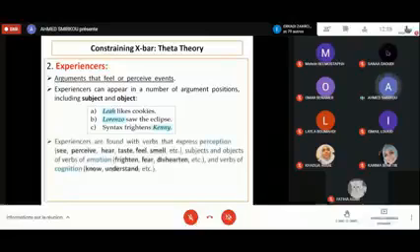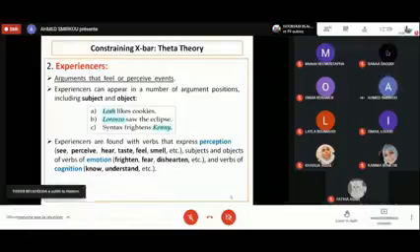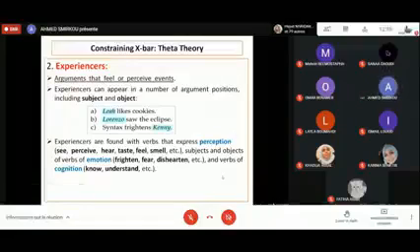Experiencers are found with verbs that express perception, such as see, perceive, hear, taste, feel, smell, etc. Or subjects and objects of verbs of emotion, such as frighten, fear, dishearten, etc. Or verbs of cognition, know, understand, etc. So the NPs that are found with these verbs are called experiencers.